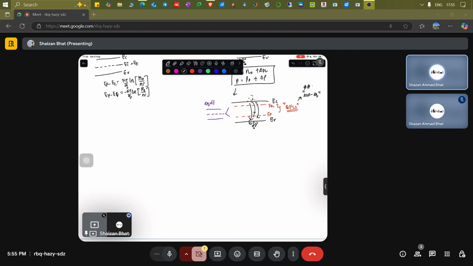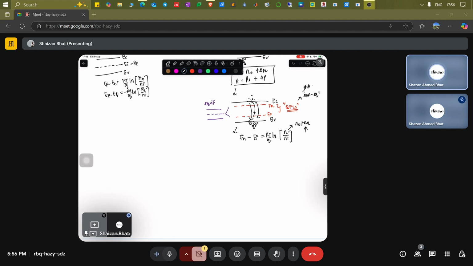Now for this case you can write a similar set of equations: the quasi-Fermi level of the electron minus the intrinsic level is equivalent to kT over q ln of n over ni. But this n is now n naught plus delta n.